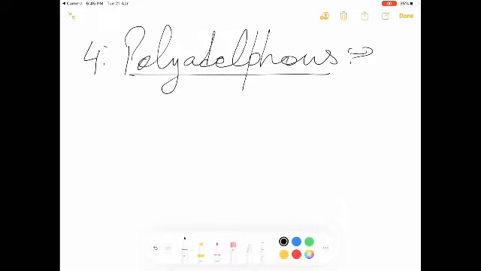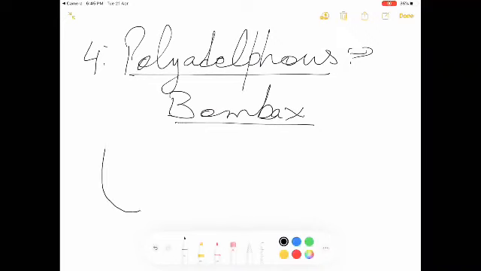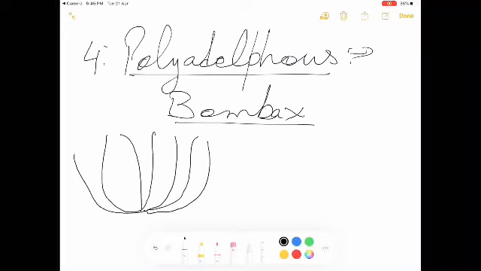Suppose there are 50-60 filaments, and they are grouped together into different groups. A very good example is Bombax. Students, you have to learn this name perfectly. For example, this is one group, this is the second group, this is the third group. So many filaments are grouped together, and the anthers are free at the top.